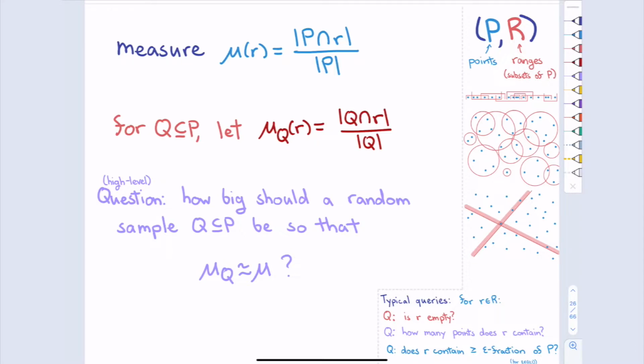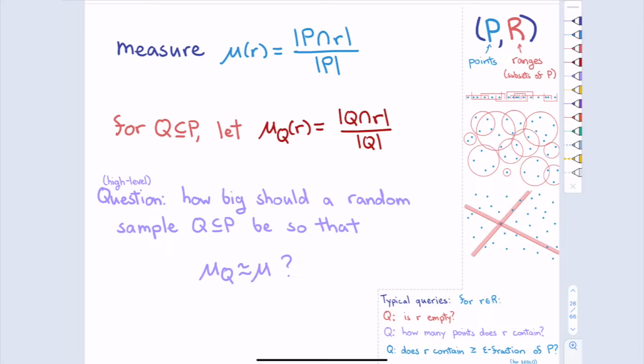That will roughly lead to approximating some of those earlier queries, and that'll suffice. There are other machine learning implications, but we'll discuss that next time. So the question then is how many points do I need to sample? And ideally, I would like to get that sample really small.